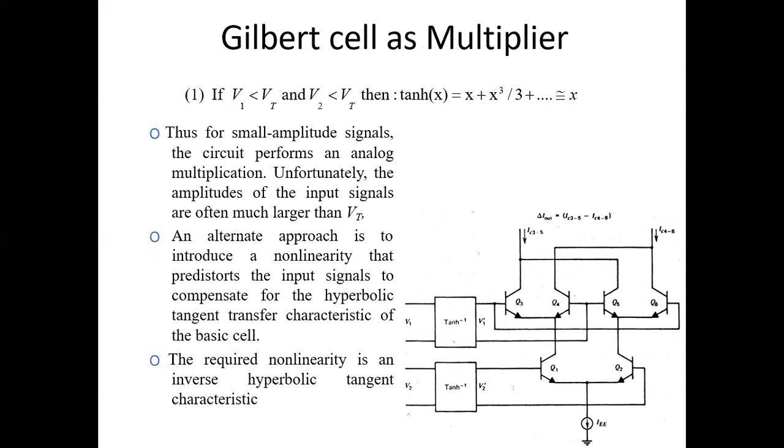The required nonlinearity is an inverse hyperbolic tangent characteristic. So it can work in the four quadrant concept. That means we can vary any input to plus or minus. For example, V1 we can use as plus V1 or minus V1, as well as V2, plus V2 and minus V2. This is the Gilbert cell as a multiplier.